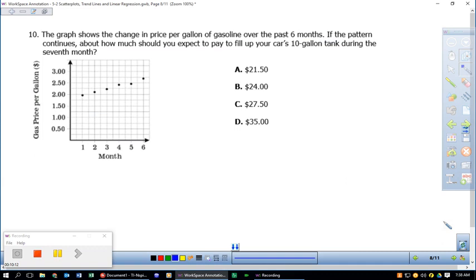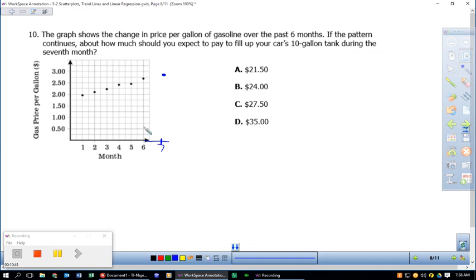Number 10. The graph shows the change in price per gallon of gasoline over the past 6 months. If the pattern continues, about how much would you expect to pay to fill up your car's 10-gallon tank during the 7th month? So first thing I think we need to do is actually extend this graph out. So there's 6, there's 7. So our graph would continue doing something like this, right? If there's 7, looking at that trend.